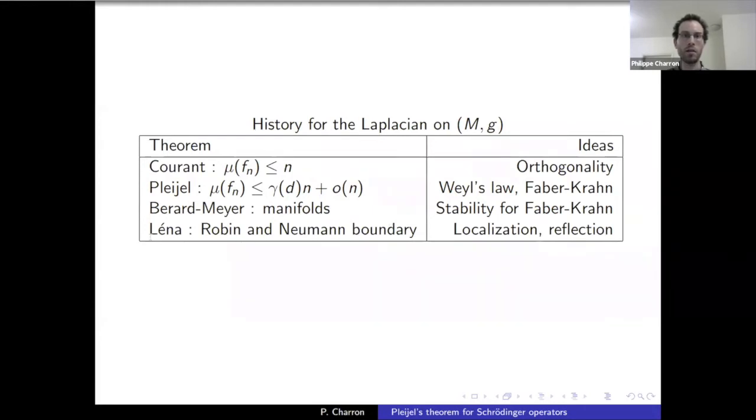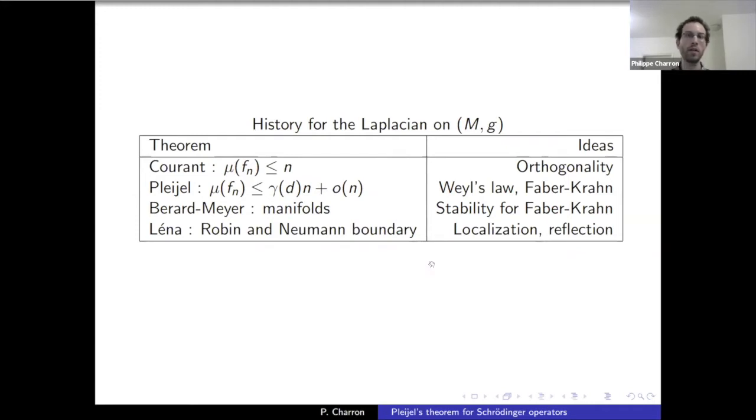But then Corentin Léna in 2016 used a method which was quite different and allowed him to prove Pleijel's theorem for any C^{1,alpha} boundary with Robin or Neumann boundary conditions.